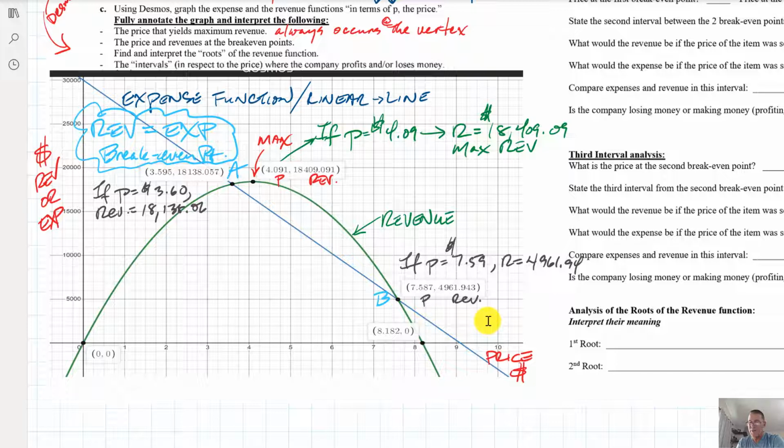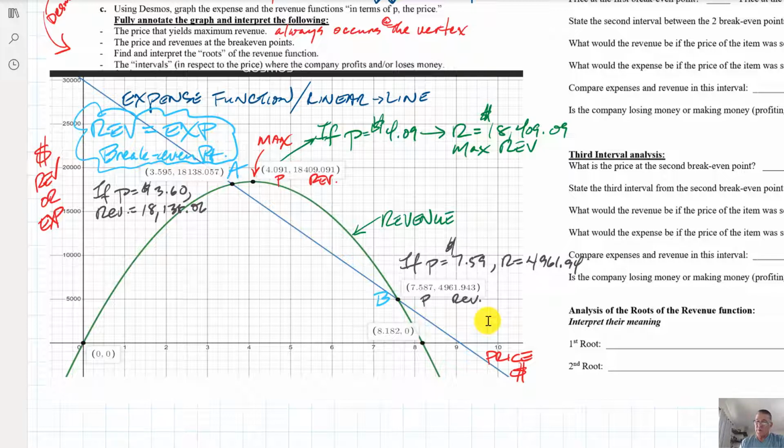The reason it's lower is because when you set the price too high, there's little demand, and not many people will buy the item. Then you're not going to make much money. So you've got to figure out the magical price to maximize the profit, and it's always between the break-even points, somewhere in there, so the company's profitable and not losing money.